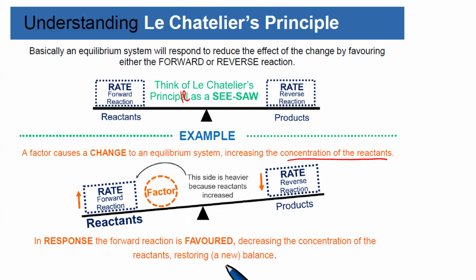Let's look at this carefully. We are looking at what happens if we decide to increase the concentration of the reactants. Surely, if we increase the concentration of the reactants, this is not balanced, because this side is heavier.